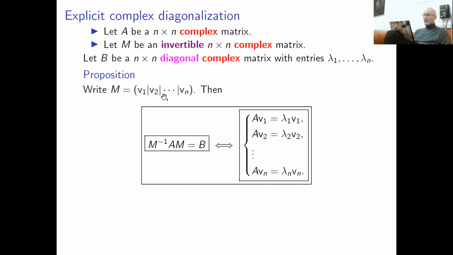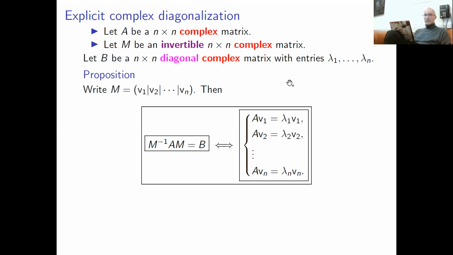So this means that V1 is an eigenvector of A with eigenvalue lambda 1, V2 is an eigenvector of A with eigenvalue lambda 2, and lambda n is an eigenvalue of A, and Vn is the corresponding eigenvector.